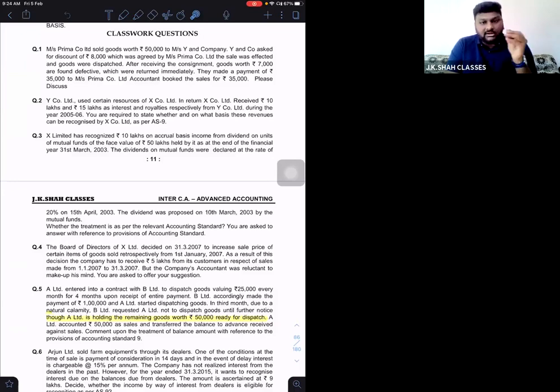And in case of interim dividend, it should be recorded on receipt basis. This is the first provision that you will write. And then we'll answer the given situation: since the dividend is declared on 15th April, it has to be recorded on 15th April 2003, that is in the financial year 3-4. The company has recorded it on 31st March, which is not a correct treatment.